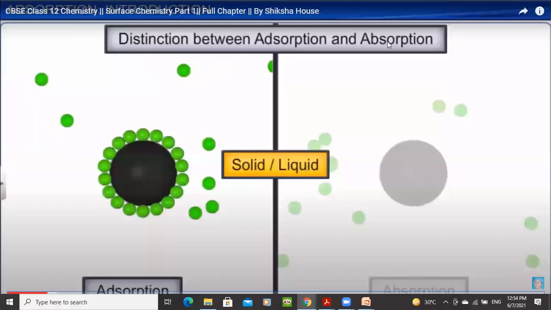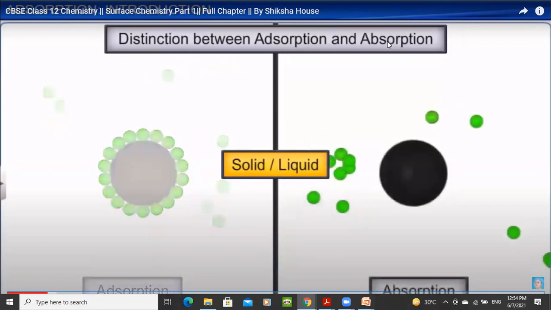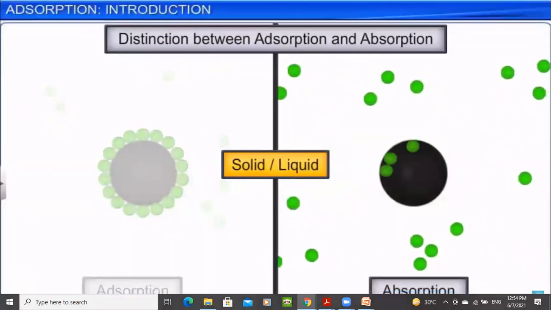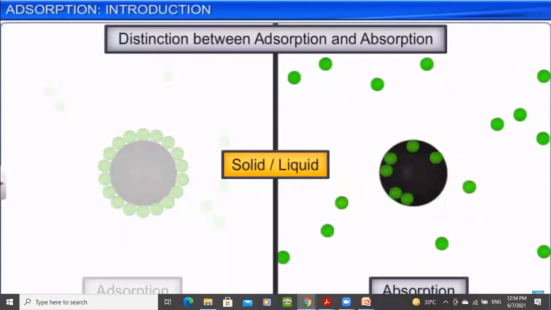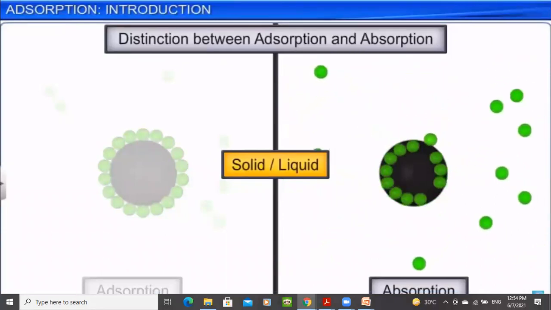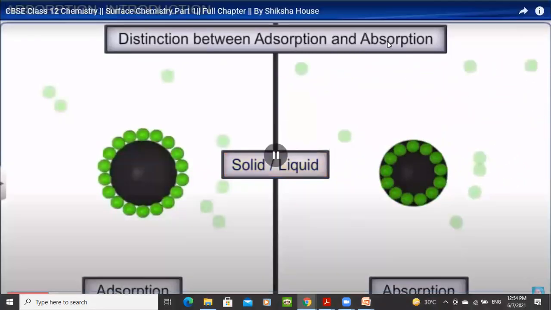As you can see here, the molecules are just adsorbed on the surface of the adsorbent. But what happens in absorption? The molecules penetrate inside the matter and are uniformly distributed. This is how adsorption and absorption differ.